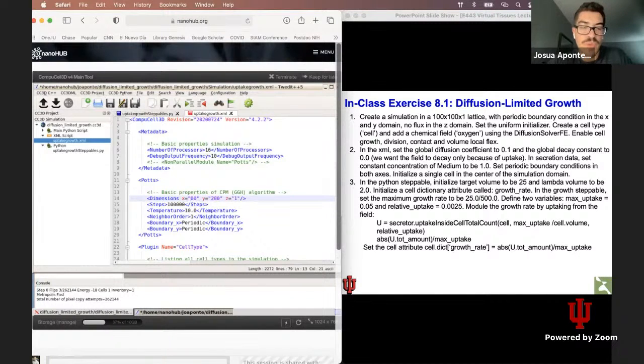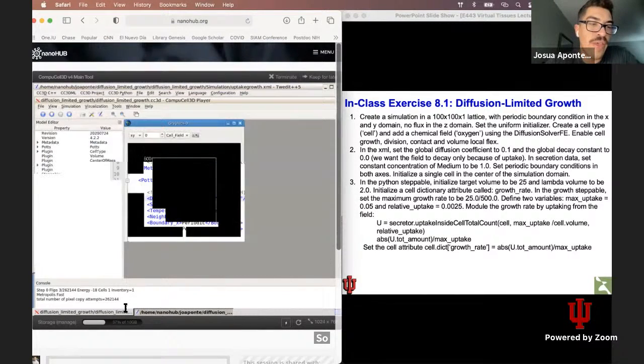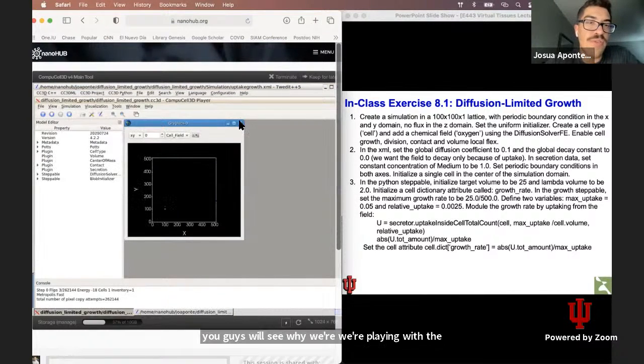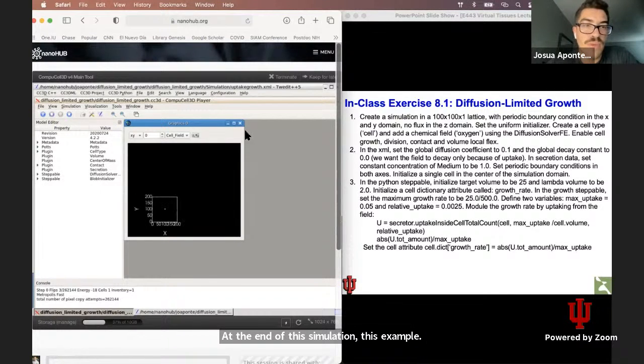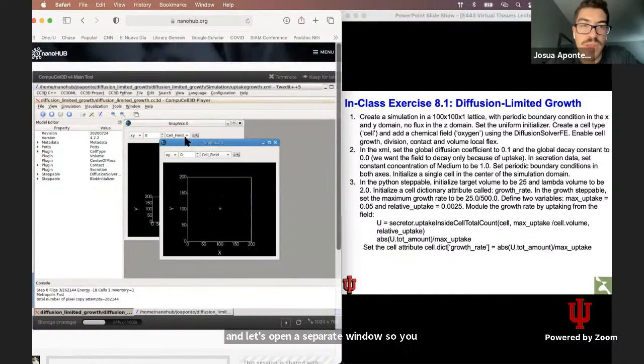And you will see why we were playing with the size of the simulation domain at the end of this example. Okay, let's relaunch the simulation. And let's open the graphic window.